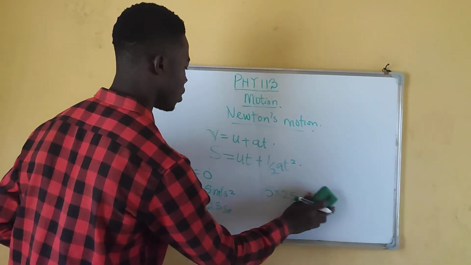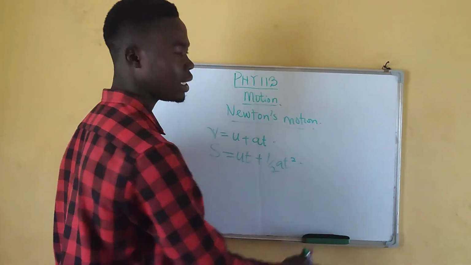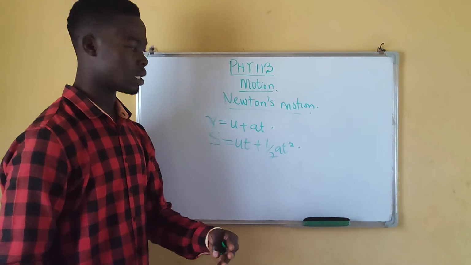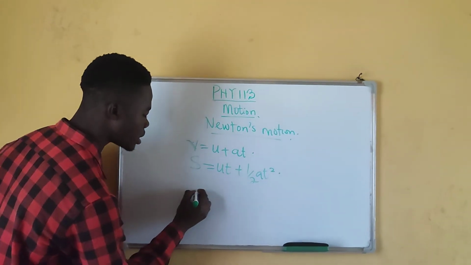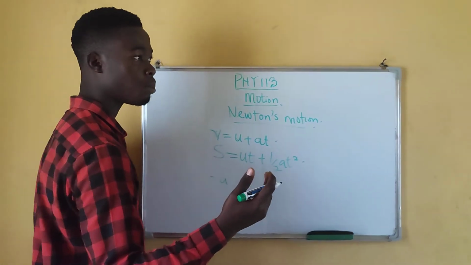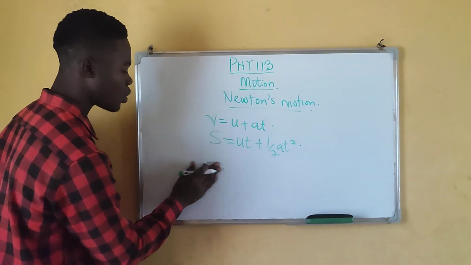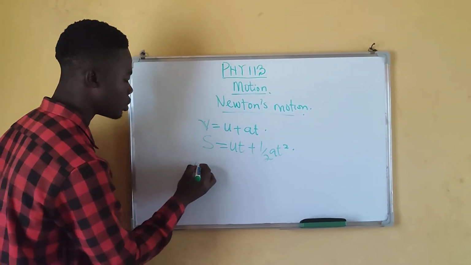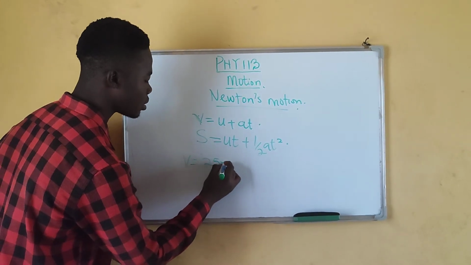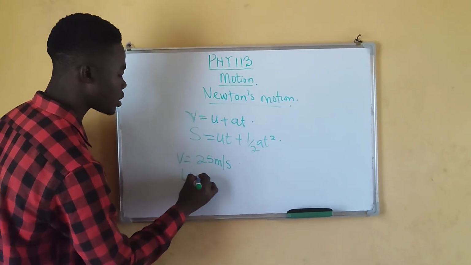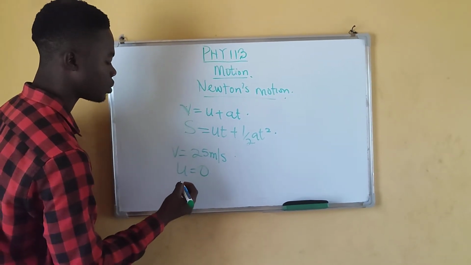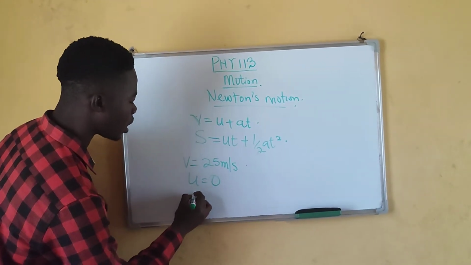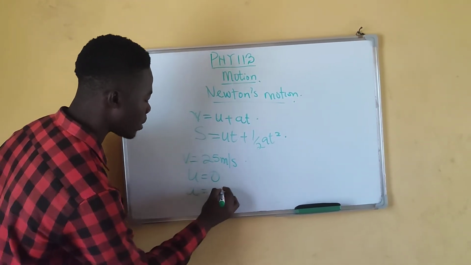Then we have other cases where the body is not accelerating but decelerating. Then the a will be negative. When your car is decelerating, you have negative acceleration. So for example, you are given your final velocity to be 25 meters per second, your initial velocity to be 0, your acceleration to be -5.